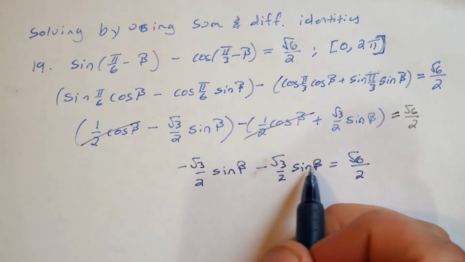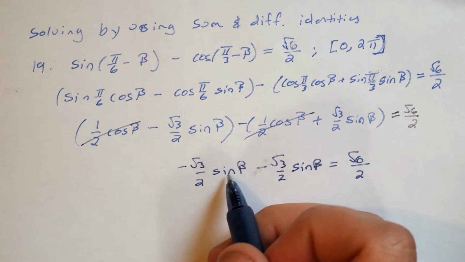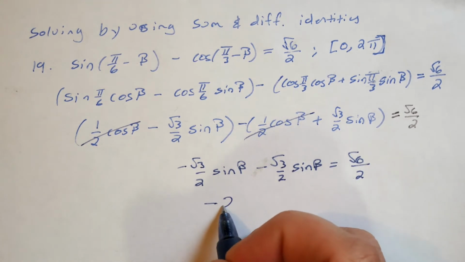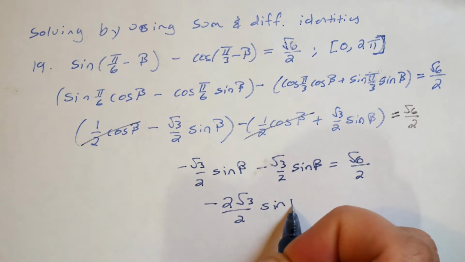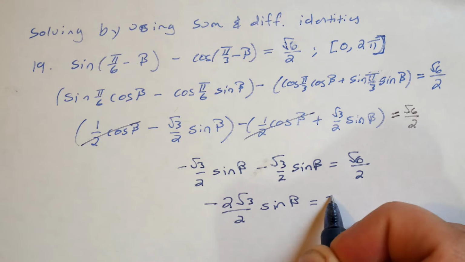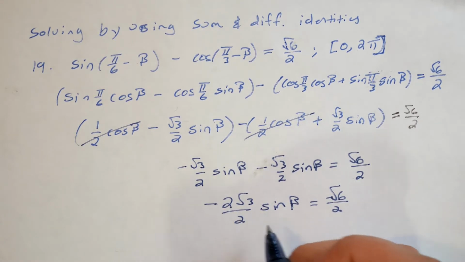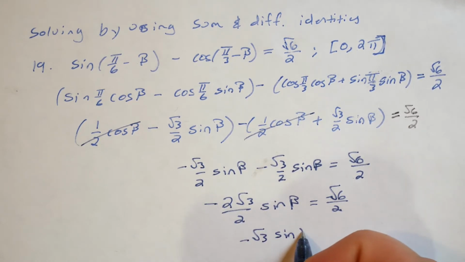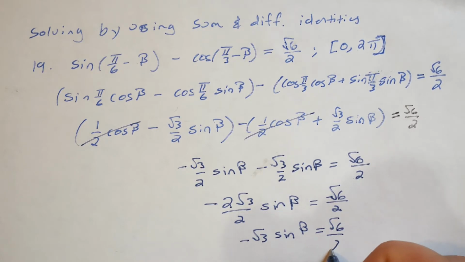This is just two of the same things, right? So this is just one of these things, and this is another one of these things, so that equals negative 2 root 3 over 2 sine beta. That equals root 6 over 2. So what do these two do? They cancel out. So I get negative root 3 sine of beta, and that equals root 6 over 2.